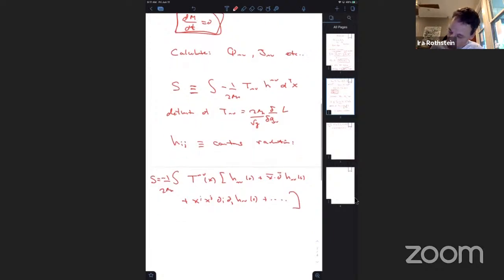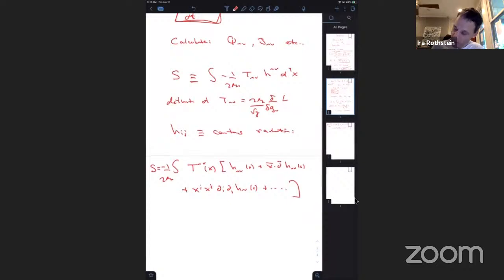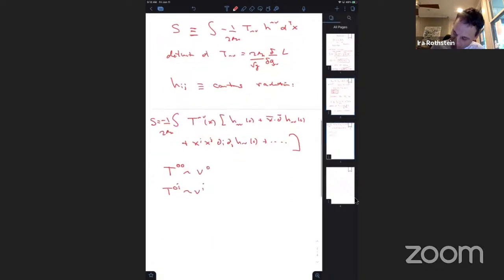Now, to gain a little intuition as to what's what in what order in perturbation theory in post-Newtonian expansion, we can use the fact that T00 will start as v to the 0, T0i will start as v to the i, and Tij will start as vi vj. And how do we know that?